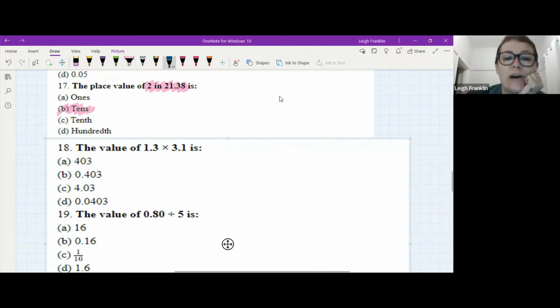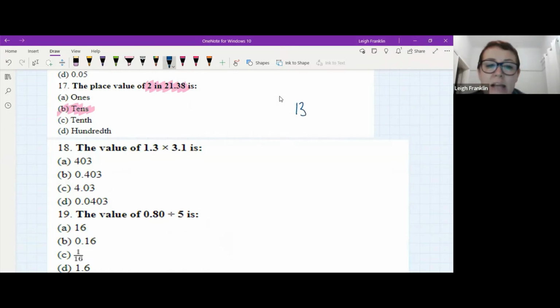When you want to work out the value of decimals you've multiplied together, the trick is to remove the decimal and put it in again afterwards. So really what we want to do is work out 13 times 31. We would do this using multiplication. 1 times 3 is 3, 1 times 1 is 1. Remember to put down our 0. 3 times 3 is 9, 3 times 1 is 3.